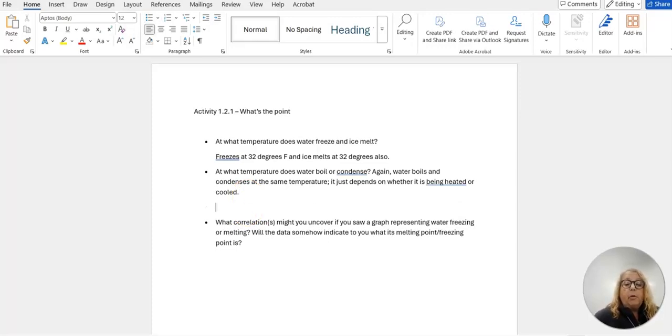At what temperature does water boil or condense? I think that's, is it 212 Fahrenheit?